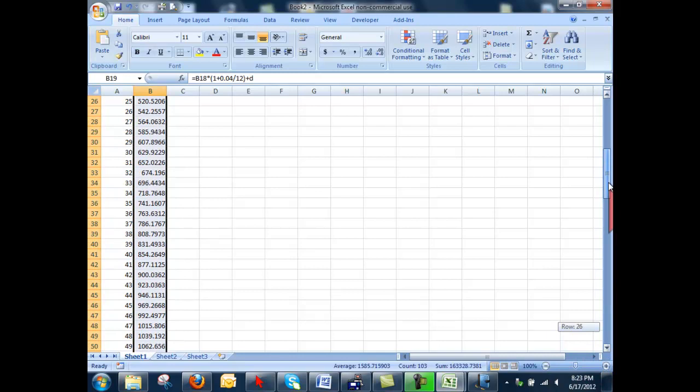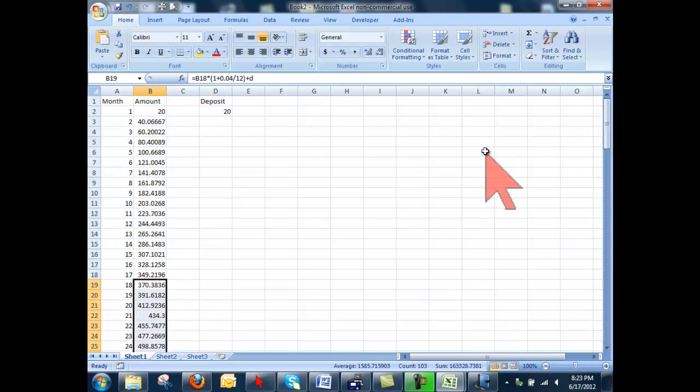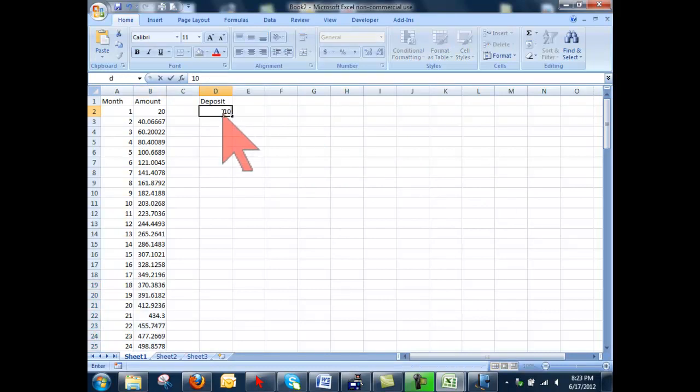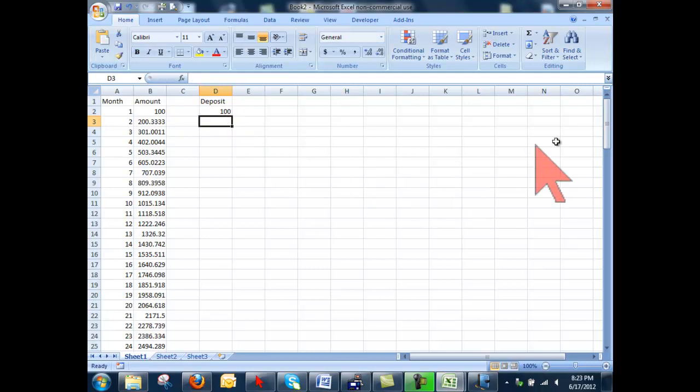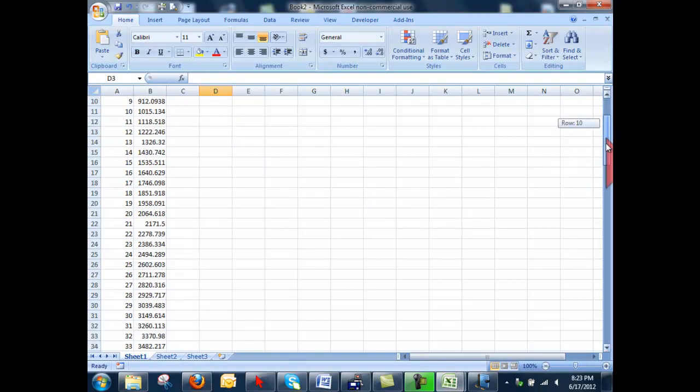Okay, that actually would be the amount if I had deposited $20 per month, like in part 1. But now I'm doing part 2, and the deposit amount was actually $100 per month. So I can simply change this one cell and push enter, and there we are. After 120 months, the answer to part 2 is $14,724.98.